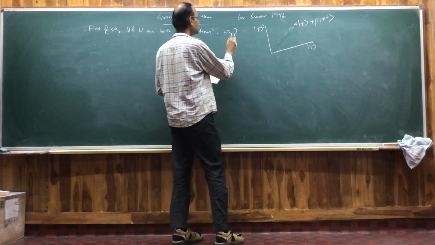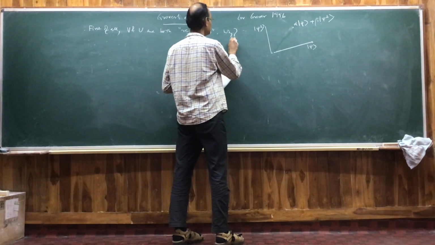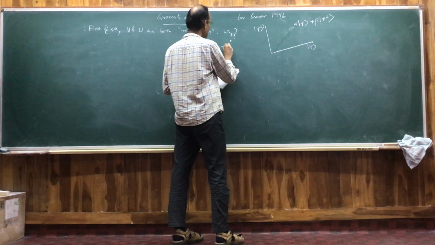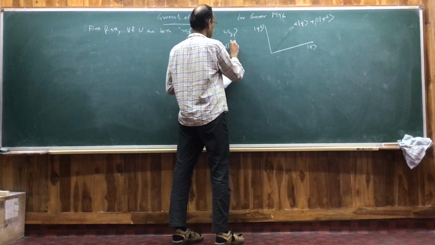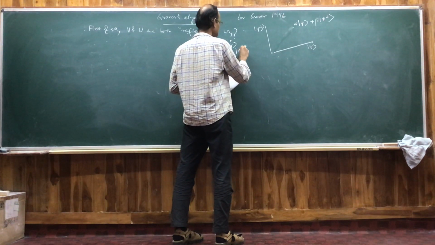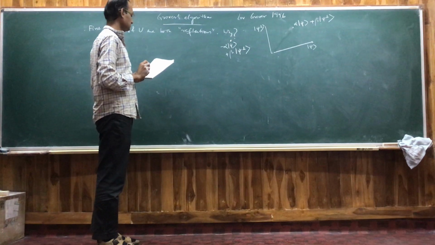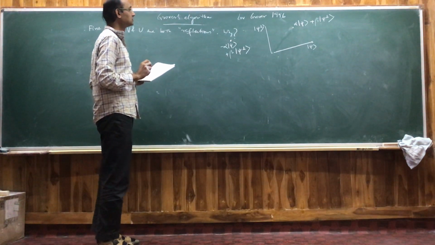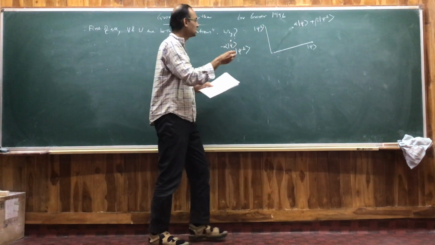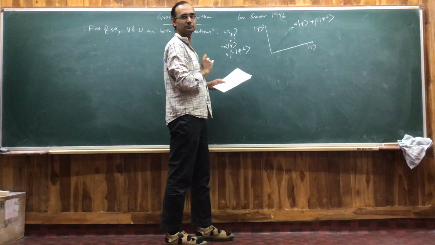Now we choose a point here which is minus alpha psi plus beta psi perp. Somewhat similar to reflecting around this.